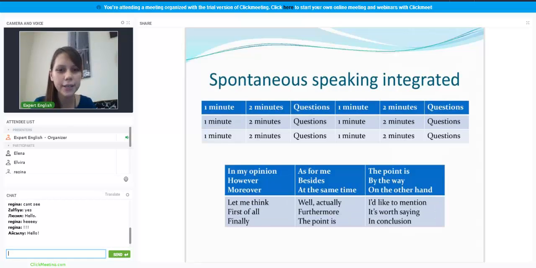Integrated spontaneous speaking can be used with special cards when you give not only a card with some topics which students should choose, but they should also choose the time limit. For example, they have to speak 1 minute, 2 minutes, or they have to ask 2-3 questions to a partner, or answer 2 questions from different partners.